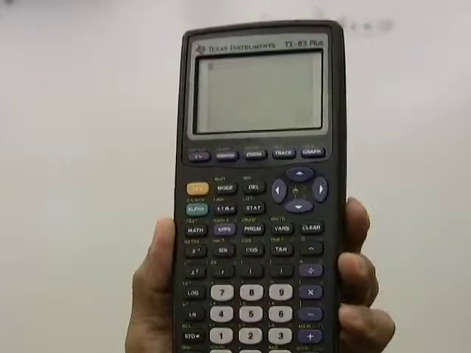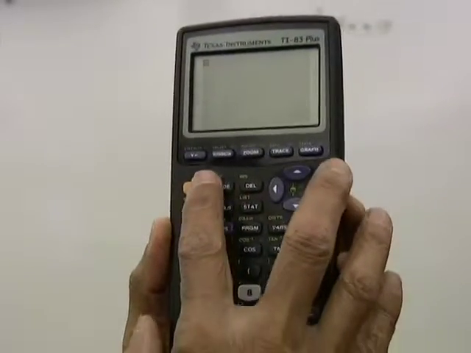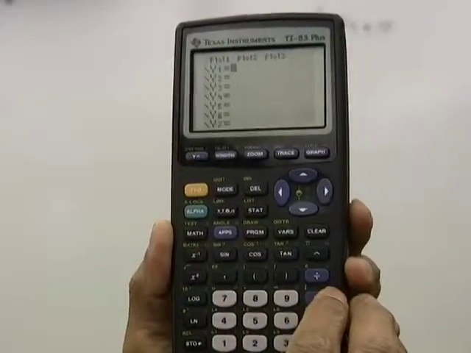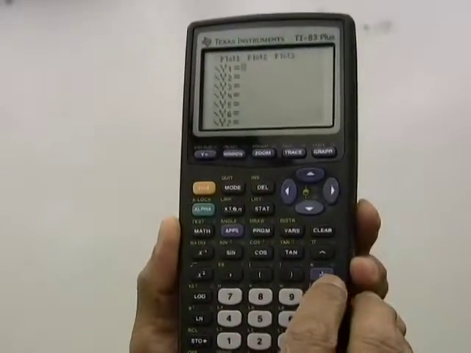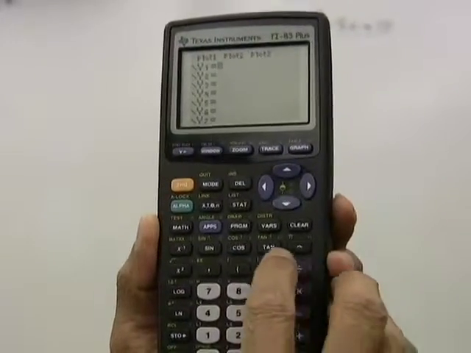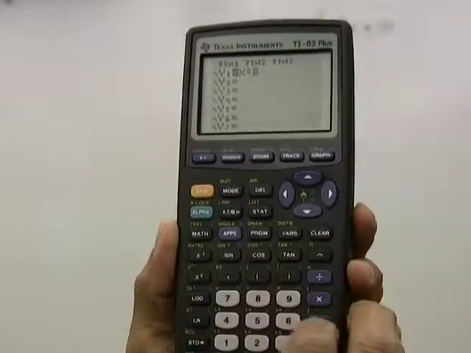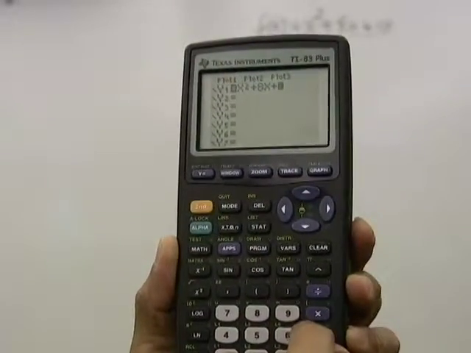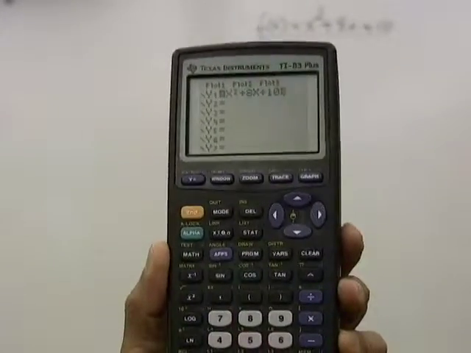What you need to do is go to the graph mode. Press Y equals and put in this function: x squared plus 8x plus 10.